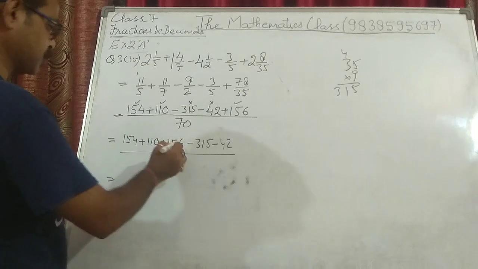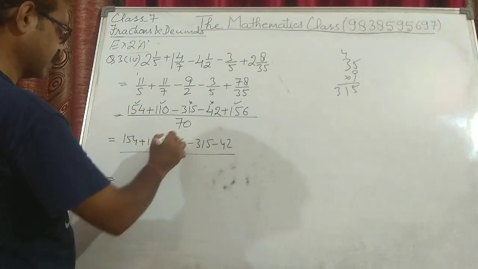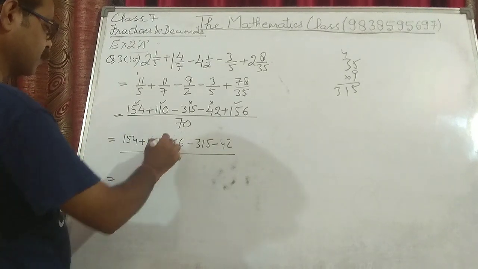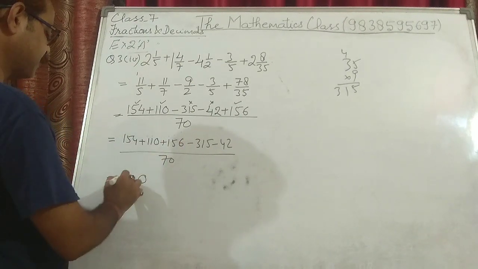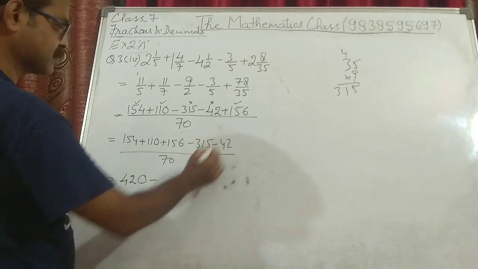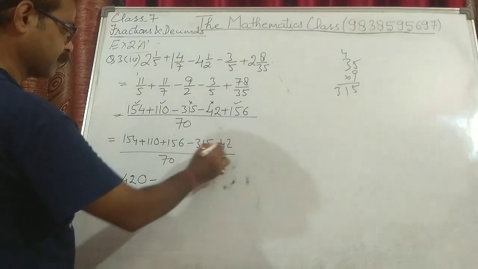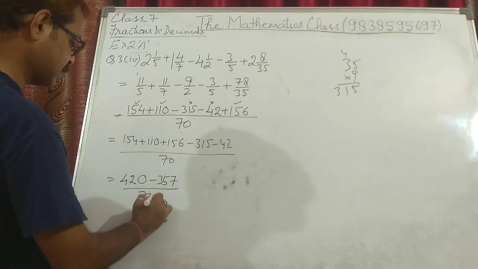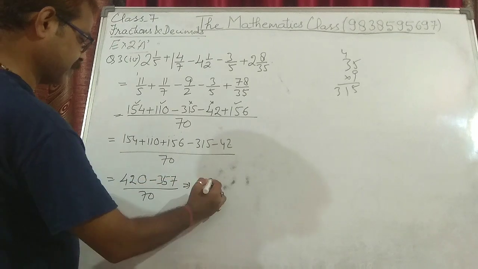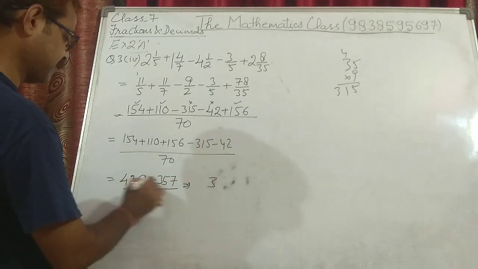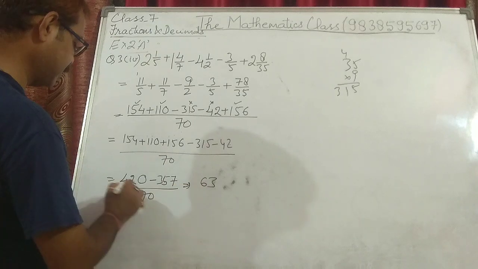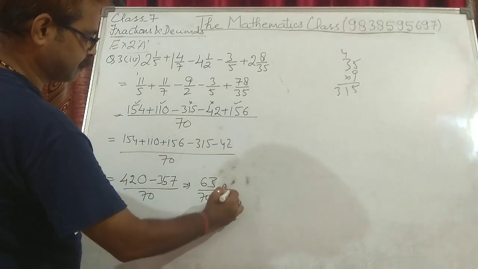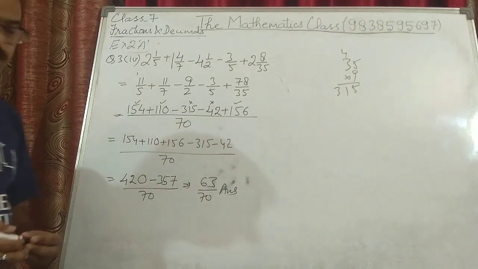When we add all the positives we get 420, and adding the negatives 357, so 420 minus 357 is 63. So 63 upon 70 is the final value of this question.